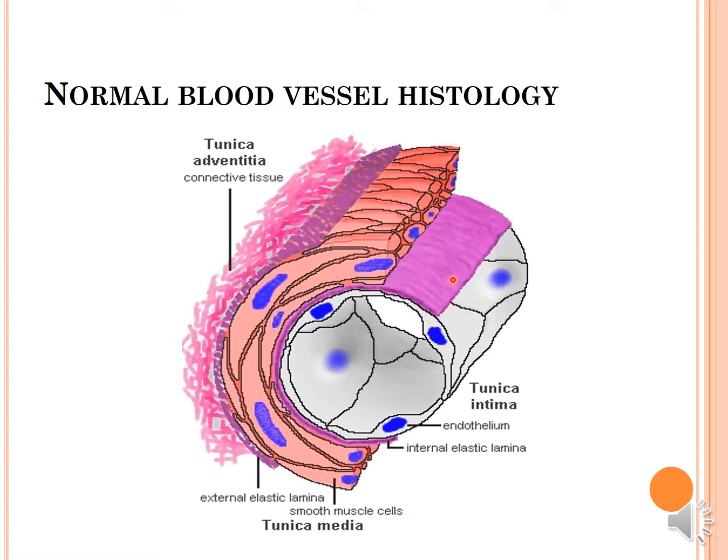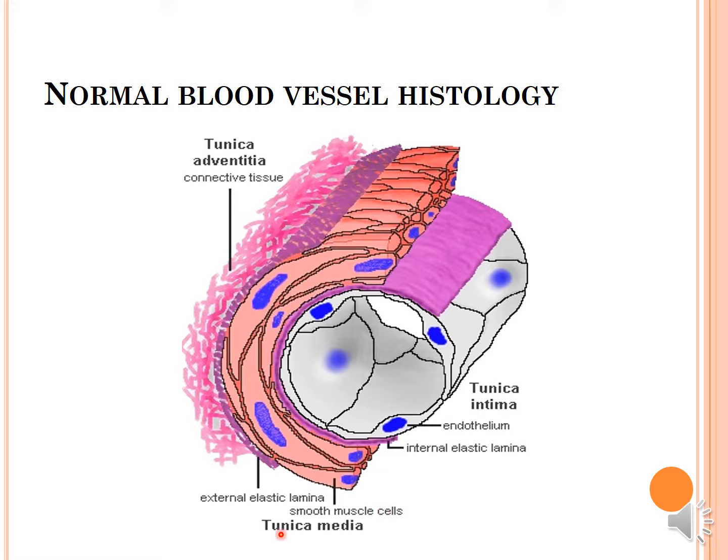If we took a cross-section through this blood vessel, and starting from the inside towards outside, the first layer would be the tunica intima. This layer is composed of a specialized type of cells called endothelium, or endothelial cells. Beneath the endothelial cells, there is some delicate connective tissue that is bounded by a specific type of connective tissue called internal elastic lamina.